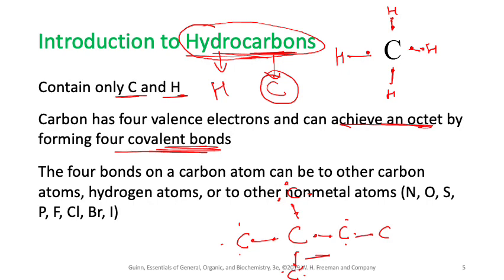So this carbon also can make a bond with another carbon, and then the structure keeps on going, right? As we know, the carbon is going to make a bond with 4 other atoms, either with carbon or with hydrogen. We only talked about hydrogen bonding and carbon bonding, but there are some other atoms which can bind directly to the carbon atom through a covalent bond, and they are mainly non-metals, for example nitrogen, oxygen, sulfur, fluorine, and chlorine.